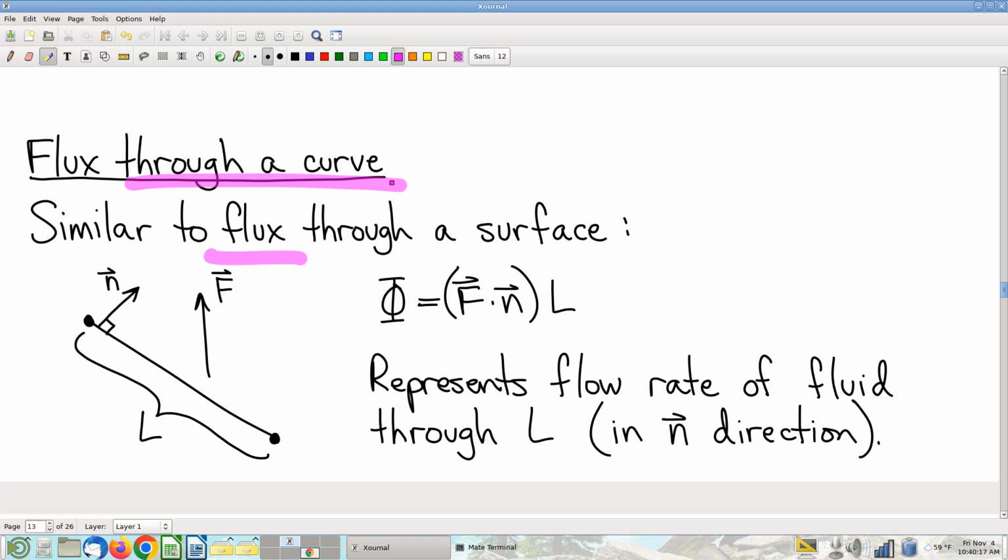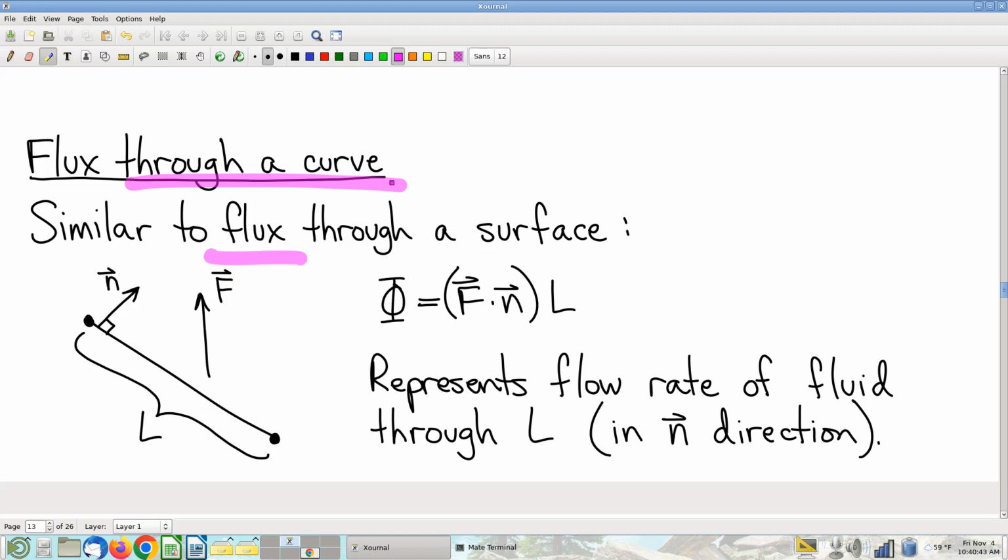We've previously talked about flux through a surface, and we connected flux through a surface to important physical interpretations. Volume of fluid moving through, mass of fluid moving through, depending on how your vector field represents the fluid, right? And detailed devils. But basically, flux talks about fluid moving through a surface, and there's other things you can do with flux that we'll be learning later on in the course.